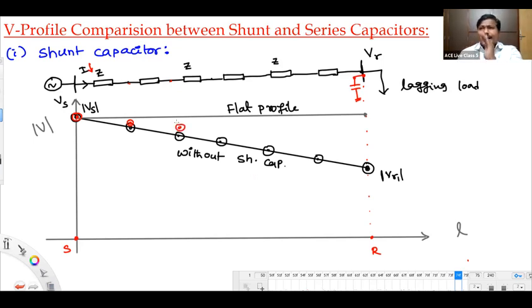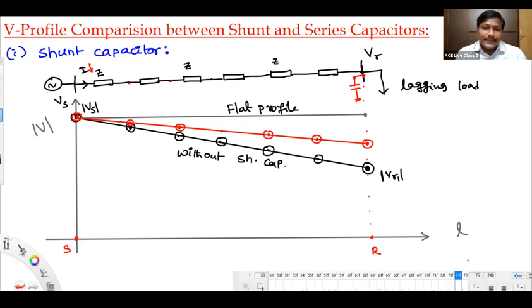Like that, the value of current is decreasing throughout the length of the line. So definitely, there is a rise in the voltage at each and every point on the transmission line. So we can say the voltage profile might come more or less like this.